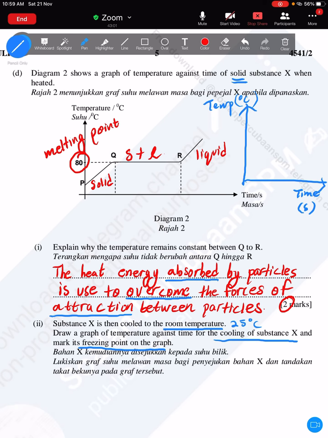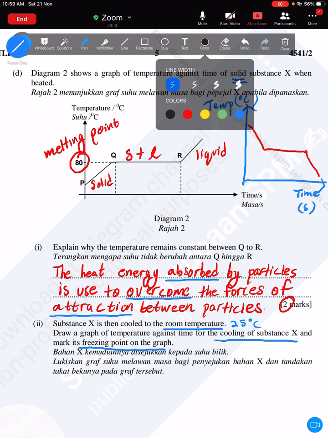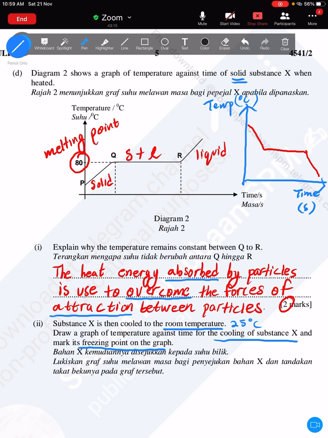Therefore, the graph more or less is going to be like this. And label. Please make a habit to label all the necessary information, such as this is your liquid because you are doing a cooling, and this is your solid, and this will be your liquid plus solid.